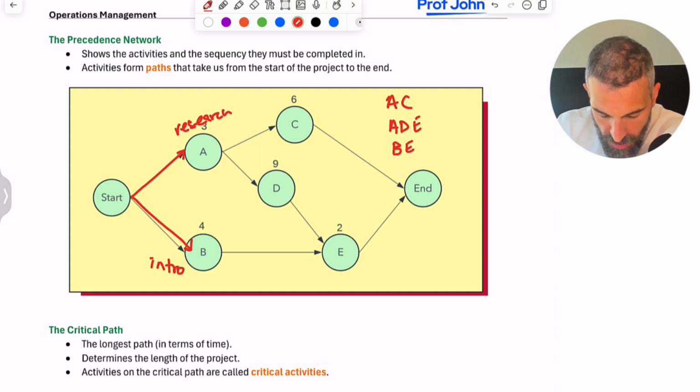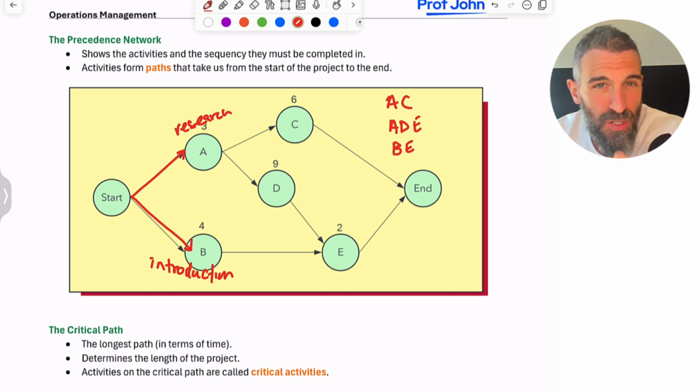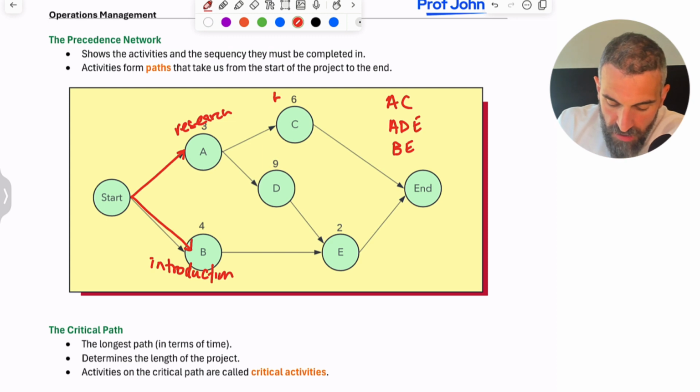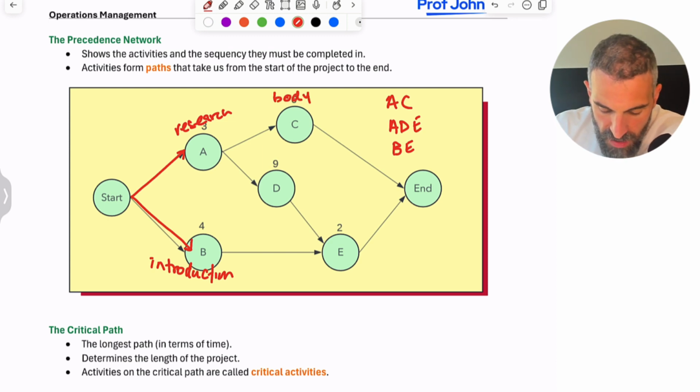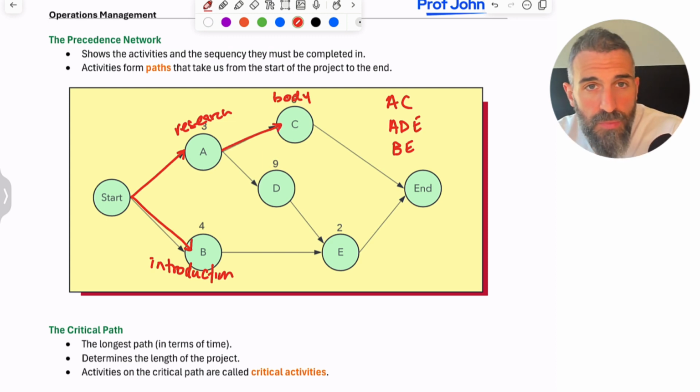Okay, let's say that you don't need any research for the introduction. The two are independent, but to write the body of the research paper, you need that research. So you see, activity C has to wait for activity A.